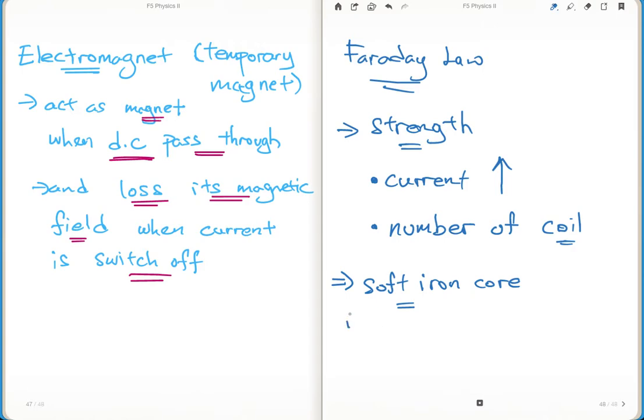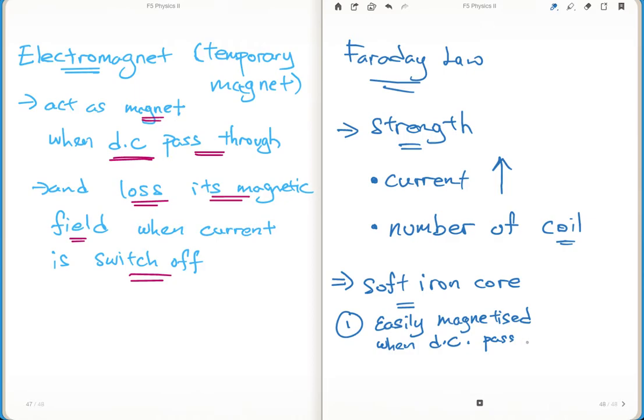First point, why do you use soft iron core? First of all, it's a ferromagnetic conductor. It will be easily magnetized when current passes through.